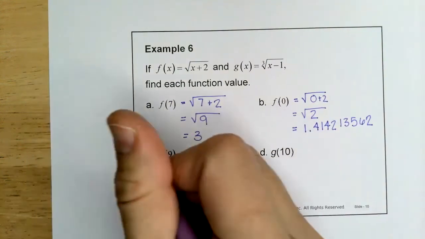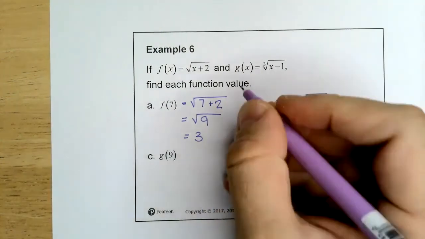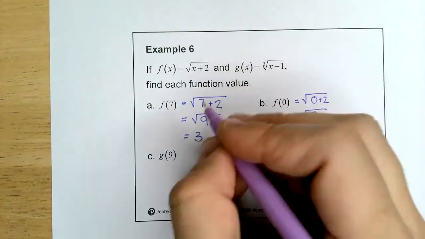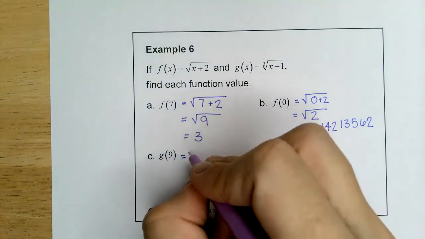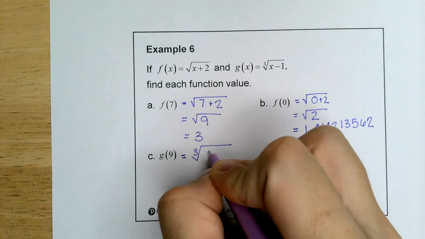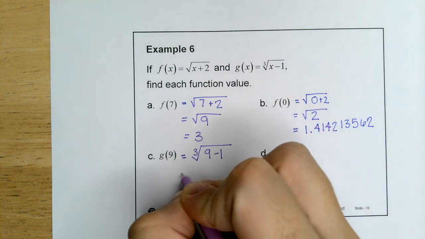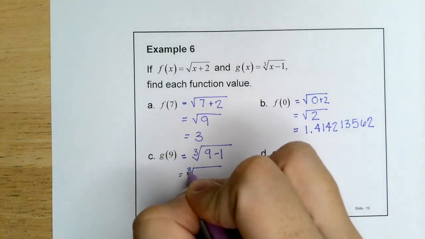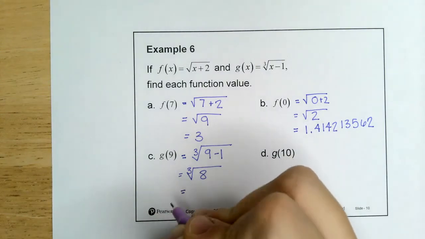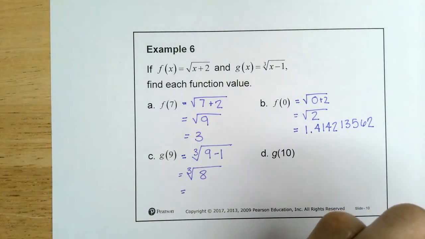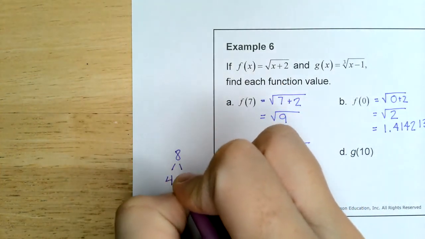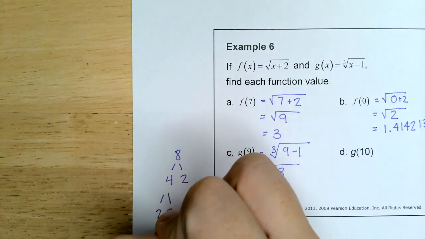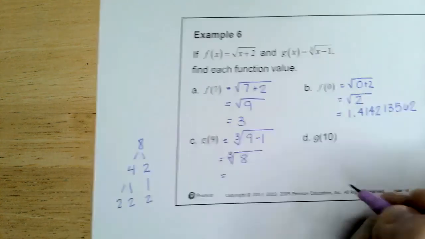All right, moving on to G. g of x is the cube root of x minus 1. So g of 9 is the cube root of 9 minus 1, which is the cube root of 8. And 8 is 4 and 2, which is 2, 2, and 2, right?